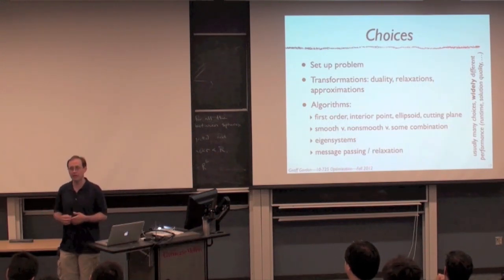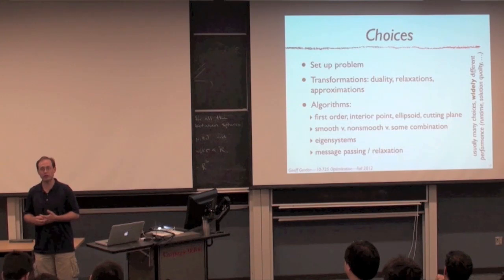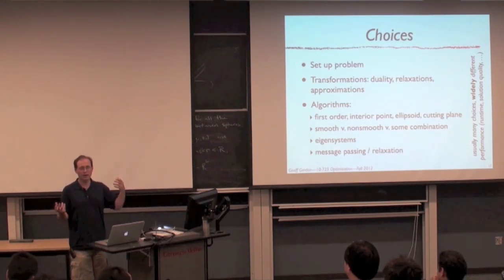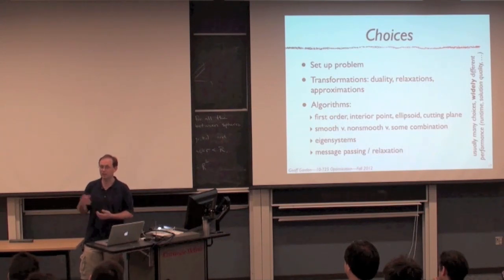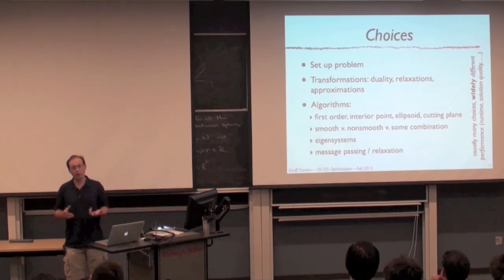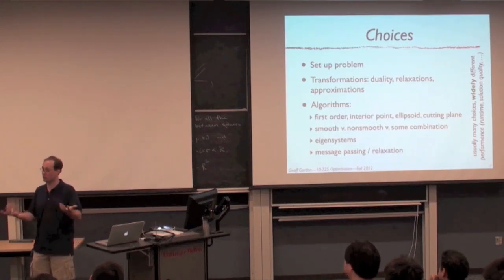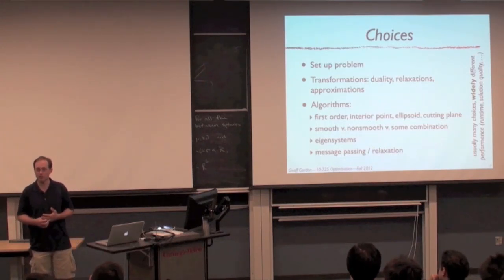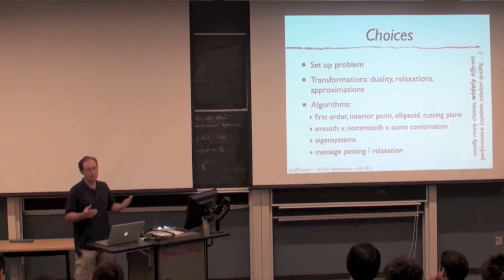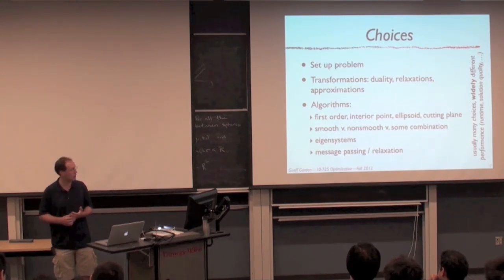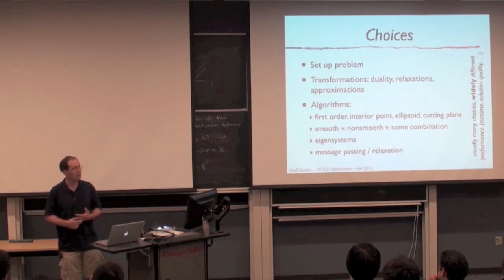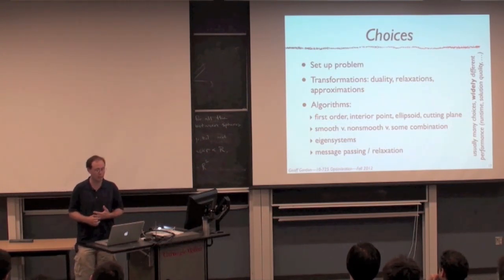So, for example, smooth versus non-smooth functions, or sometimes there are ways you can split into a non-smooth but still easy to handle part and the smooth part. Sometimes you can use eigensolvers to solve optimization problems. That's another different class of algorithms. Sometimes you can use message passing, or in different fields they're called relaxation algorithms, to solve the problems.